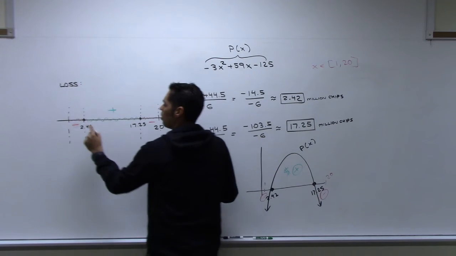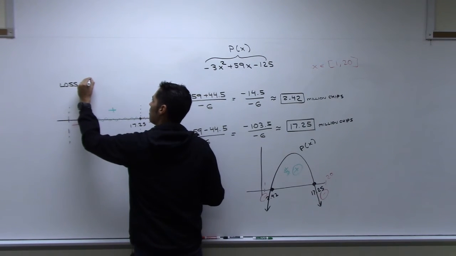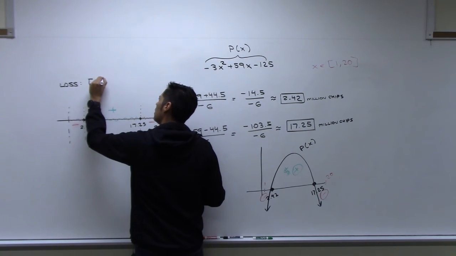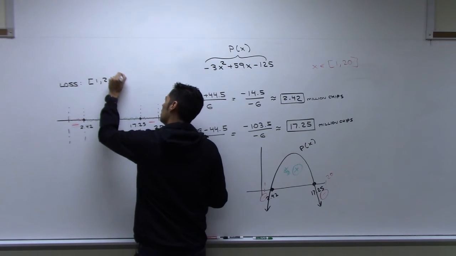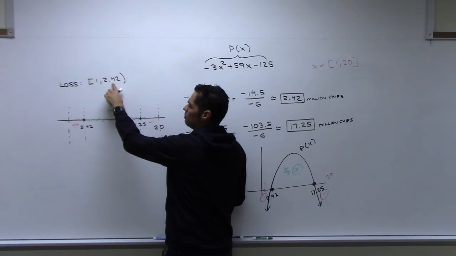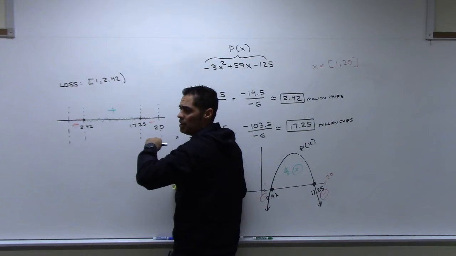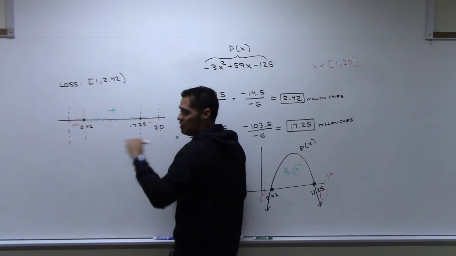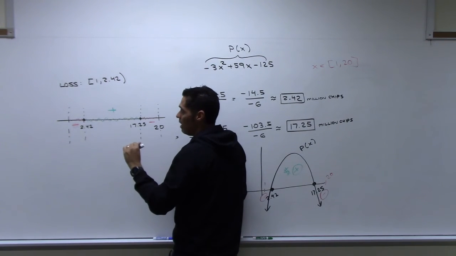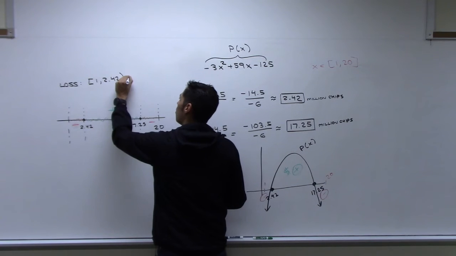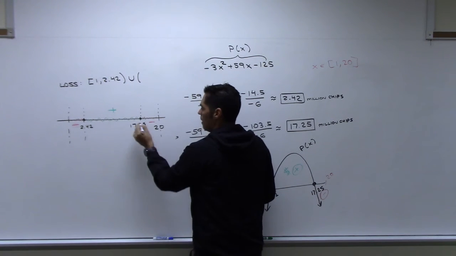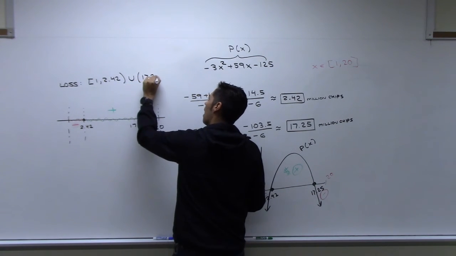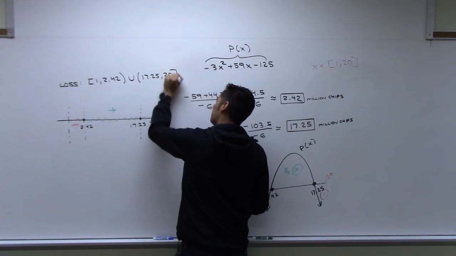So loss will occur here, which means from 1 to 2.42, not including 2.42, because at 2.42 you don't have loss, you just have no profit, no loss, just break even, right? So we have loss there, union with 17.25 to 20.